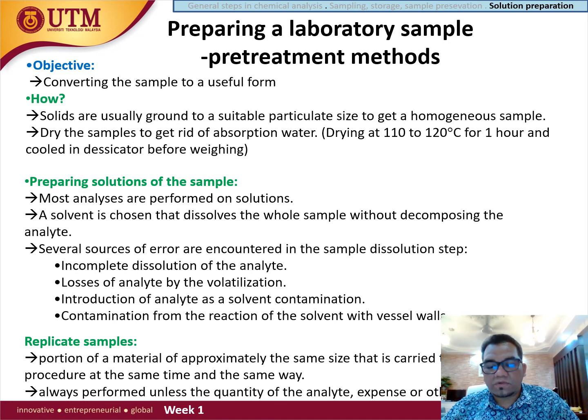Normally we use 3 replicates, portions of material of approximately the same size carried through the procedure at the same time and in the same way. So this is how to prepare a laboratory sample: first pre-treatment, then prepare the solution, and then replicate.